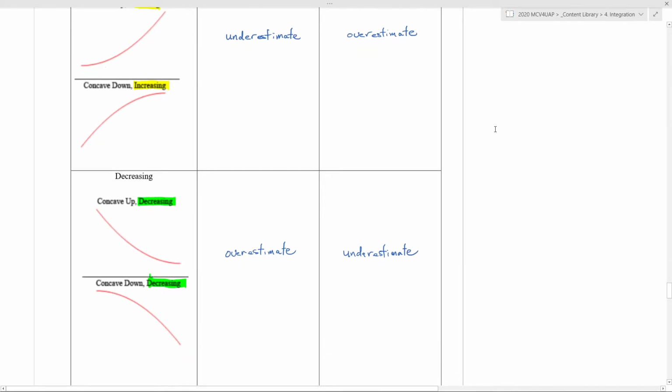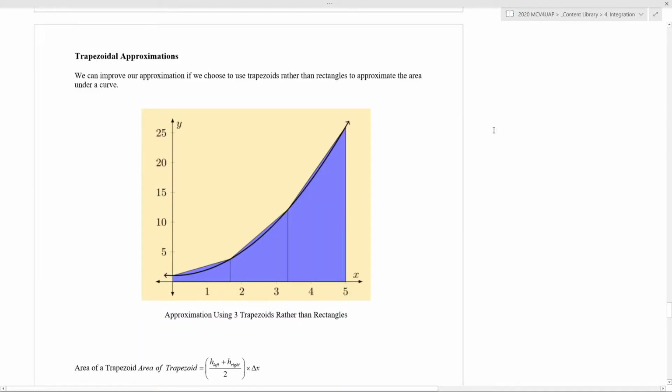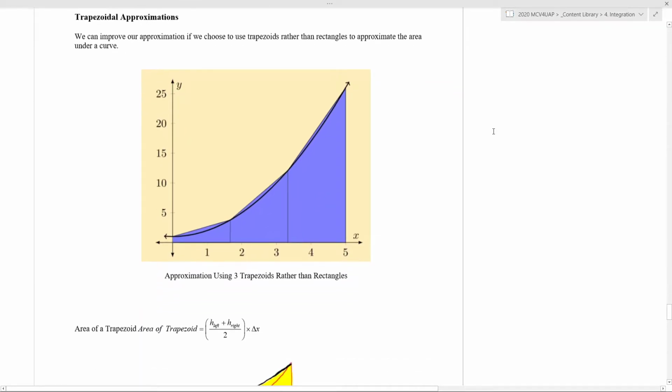Given that we've covered those three methods, the next method is using trapezoids. So we're not going to be using rectangles. We're going to be using trapezoids to approximate the area. And using trapezoids is more accurate than using rectangles.